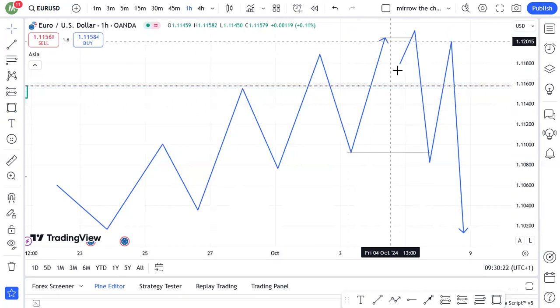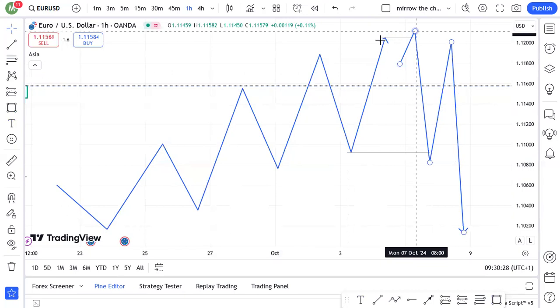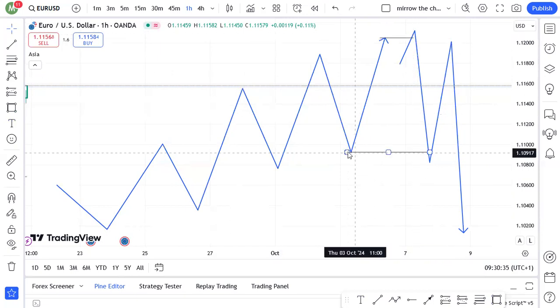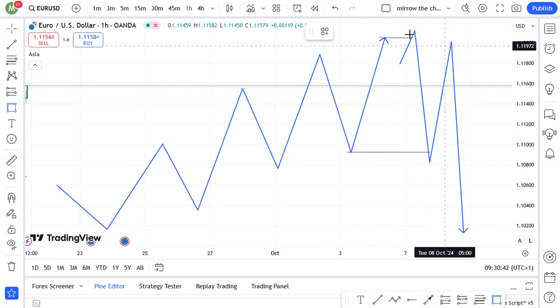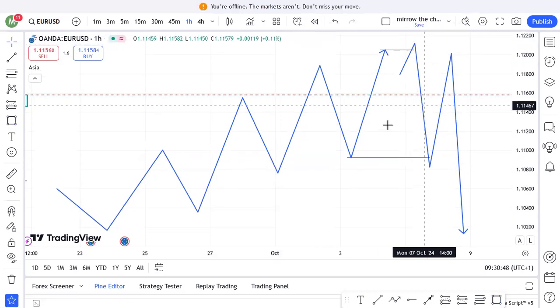Now on Monday, price opened here, traded above the Friday high, grabbed that Friday high liquidity, then came down and broke the low. You see? So now we have this as our POI, our demand that caused the break of structure.